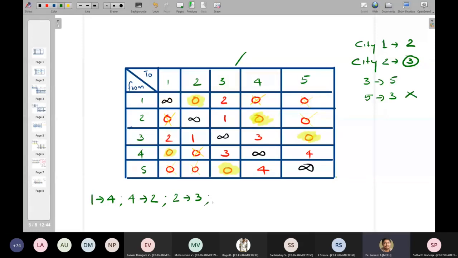And then 5 to 1. Will it violate any of the conditions?